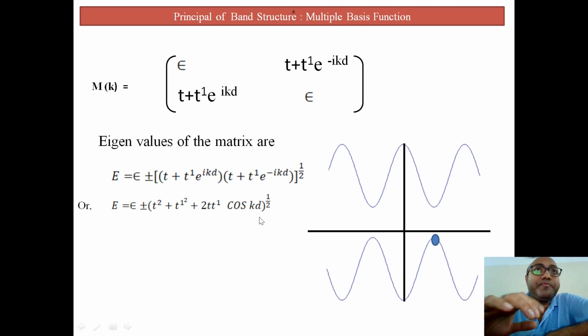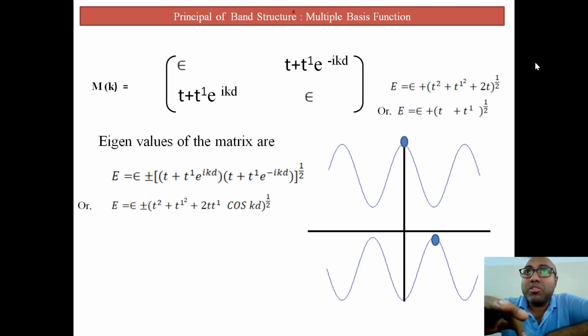Okay, so now how does it look? If you take epsilon plus this one, you will get this part. If you take epsilon minus, with cos kd, you will get this one. And what is the maximum value? Epsilon plus, t square and t1 square, by 2t by t bar. So there is a 2t t bar, which comes like this.